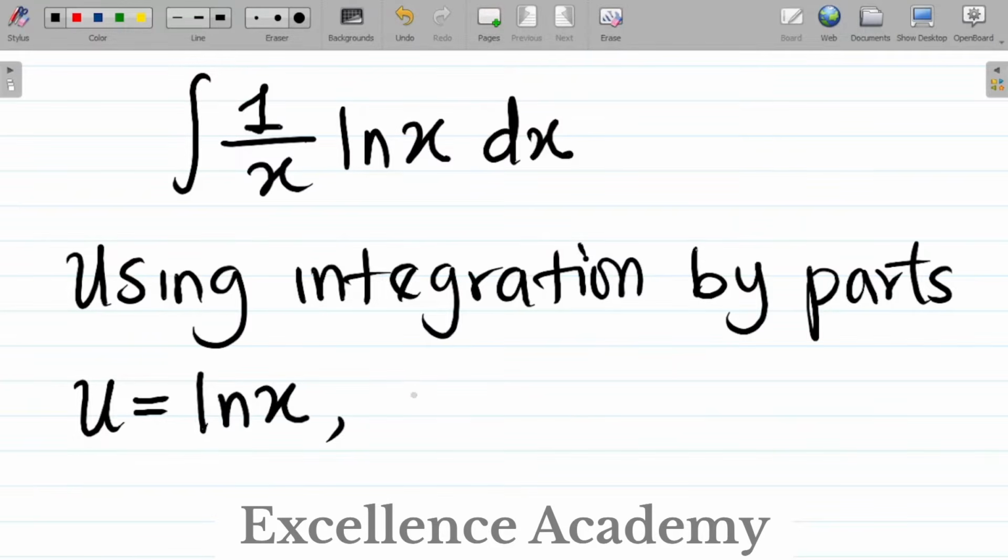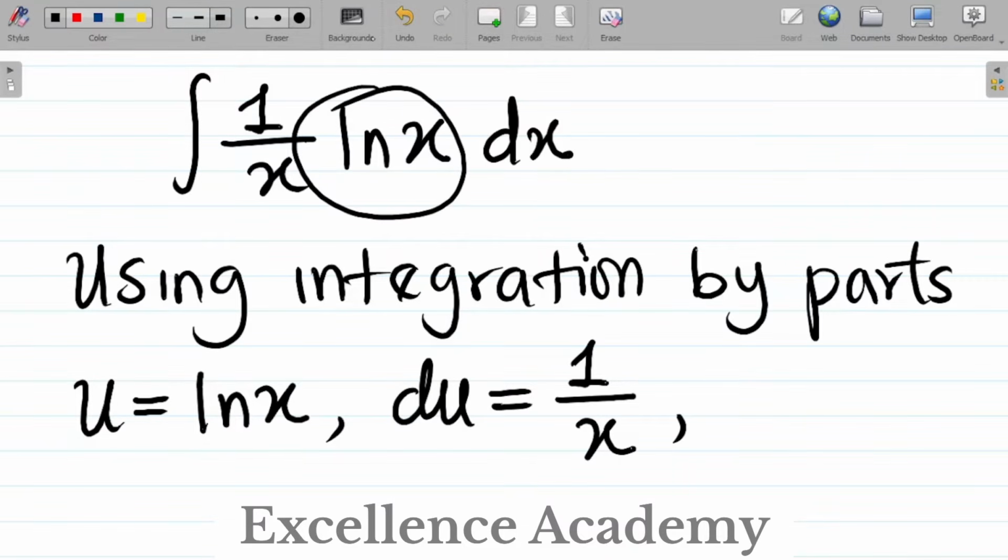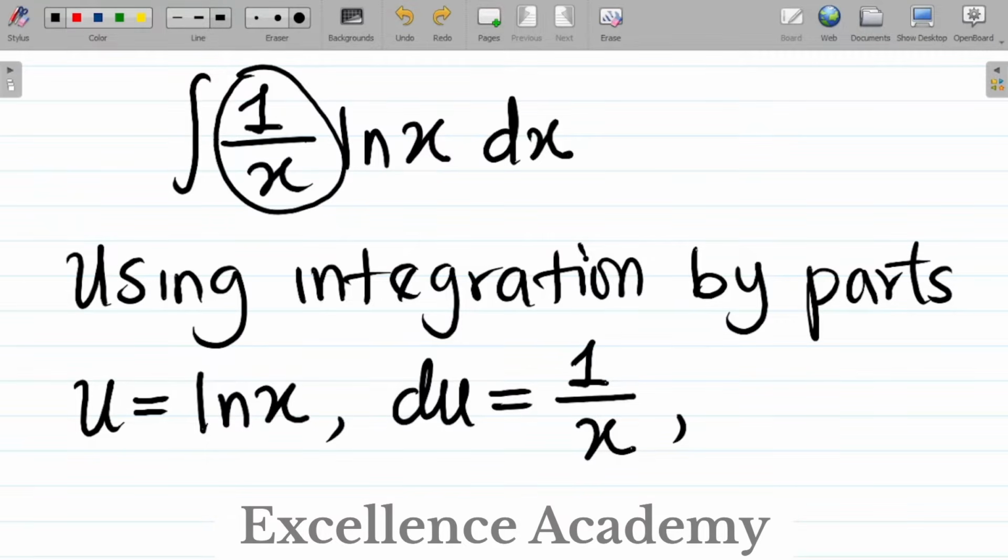Let's get du dx. So du dx is equal to, if I differentiate ln x, I'll get 1 over x. So to get du, simply differentiate the value of u. Next up, we've called this u. The next term there, 1 over x, you call it dv, not v, please.